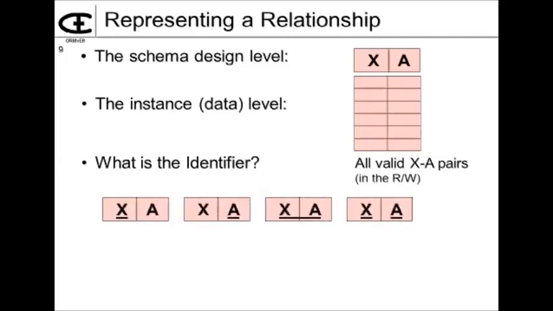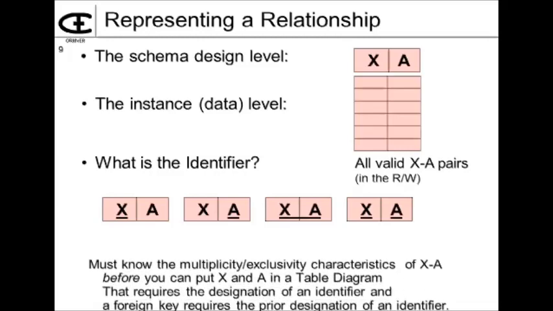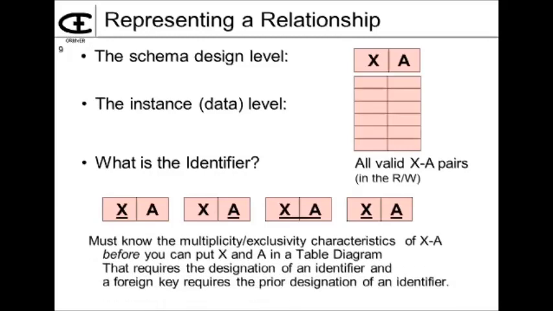So there's four choices, right, when I ask the question, what is the identifier? But I have to have told the system what the nature of the relationship is before I can determine the identifier. You must know the multiplicity and exclusivity characteristic of XA before you can put X and A in a table diagram.